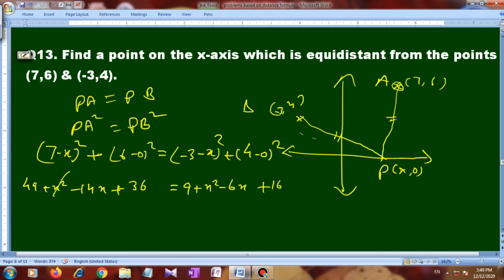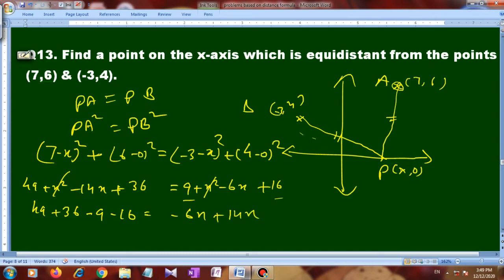So x square and x square cancel each other. Now transfer the minus 14x towards the minus 6x side, and transfer these terms to the left side. So this is 49 plus 36 minus 9 minus 16, equal to 6x minus 14x.